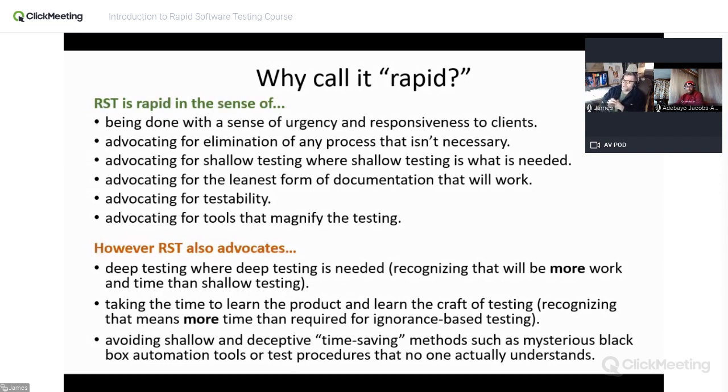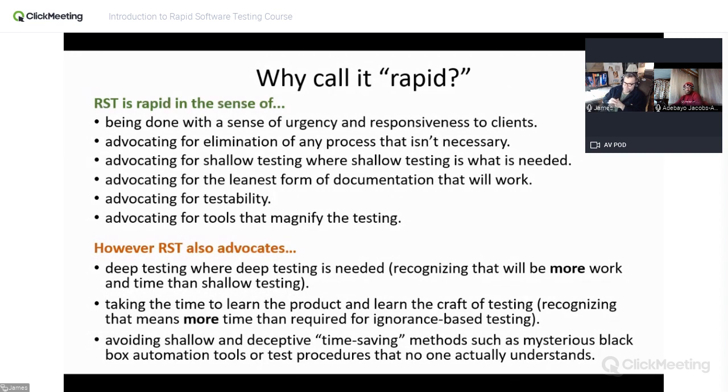So what I try to do is just keep reminding myself that shallow testing is often a good kind of testing that we should be doing, and not the deep testing that I want to do. So I try to find usefully deep testing to do where it actually is called for by the risks of the situation.